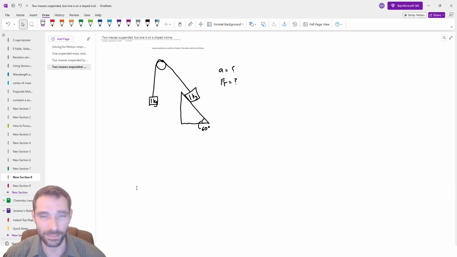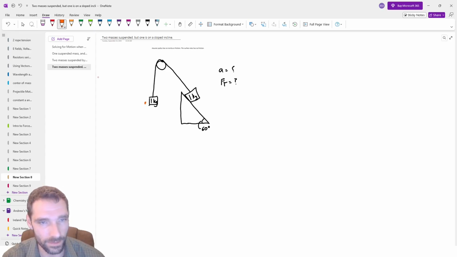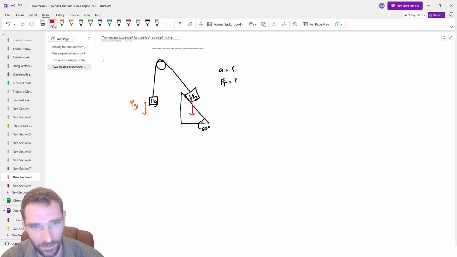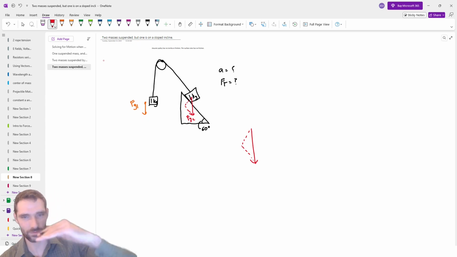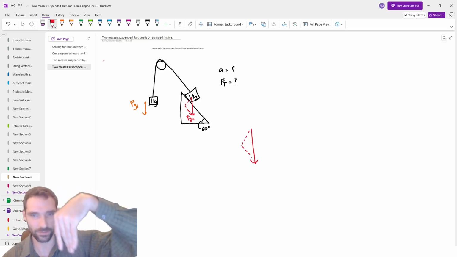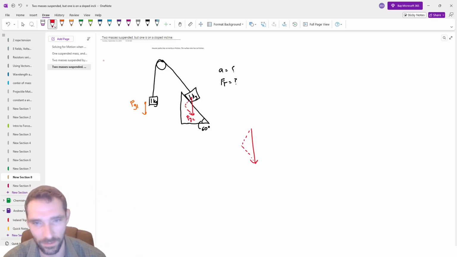So this problem is a bit of a challenge because we have this force of gravity that does go straight down. For this one, I'm going to call that FG1. But this force gravity is kind of complicated for this FG2 because it is going to be broken down into components in a triangle. So if we want to think about that FG2, we've got this triangle that looks about like what we've done. Now, if we think about the X axis having rotated 60 degrees, the Y has also rotated about 60 degrees.